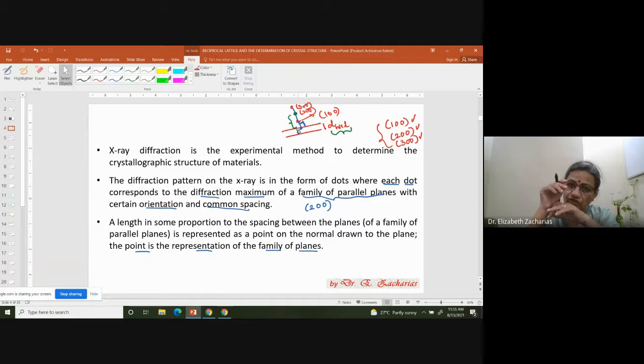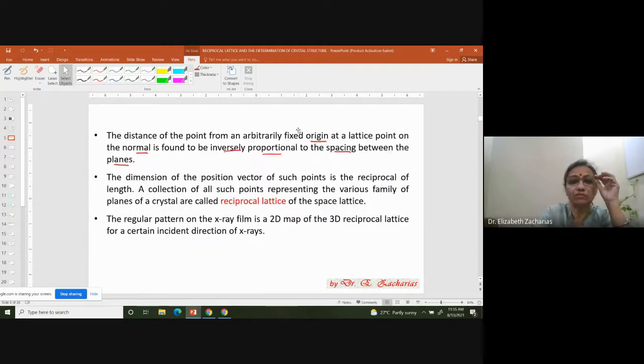The logic is that the location of the dots will be reciprocal to the spacing. Because it's a series of dots that I'm getting, this collection of dots will be called the reciprocal lattice.